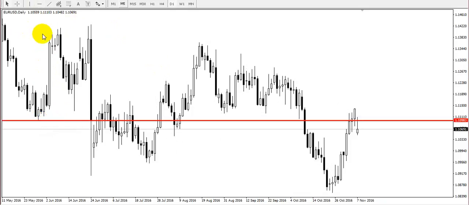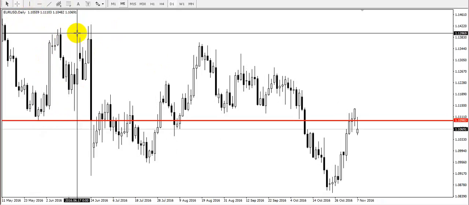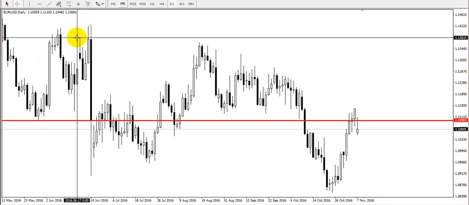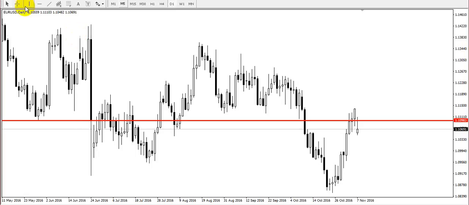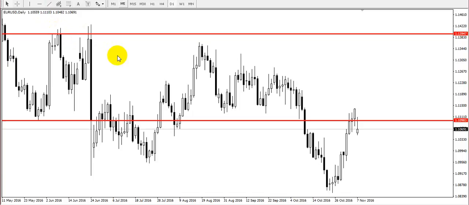Okay, then I think pick out a line here. From here also we trace. We mark out the zone also. Then we go back down.